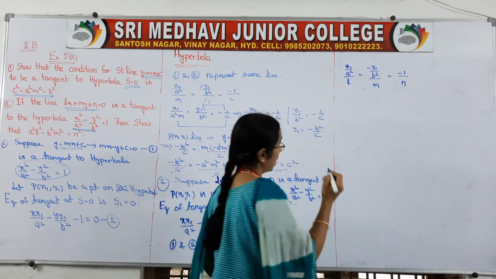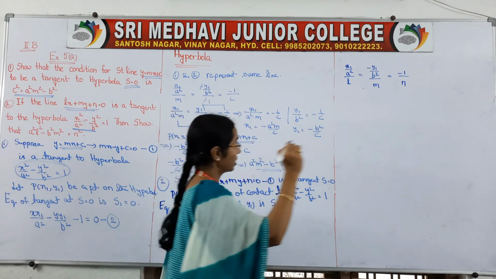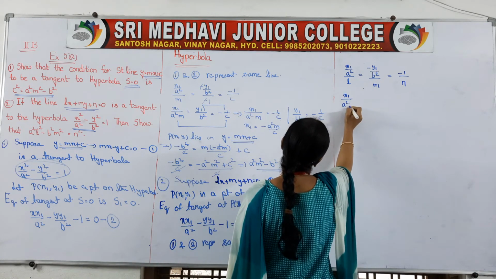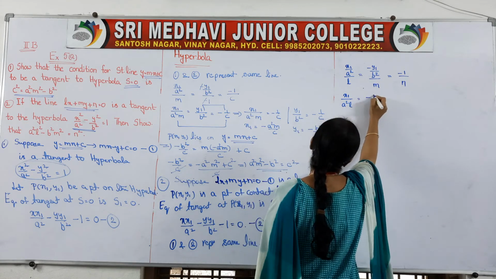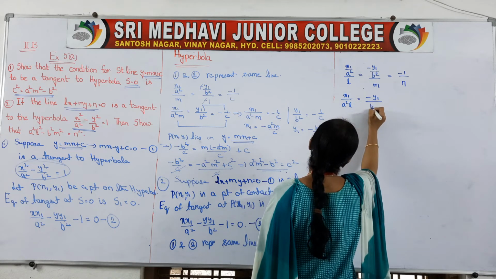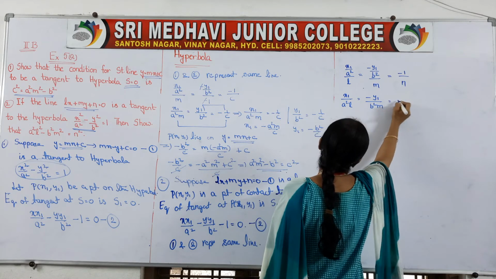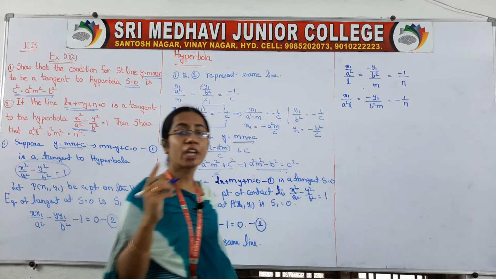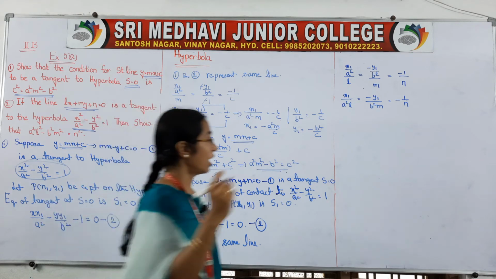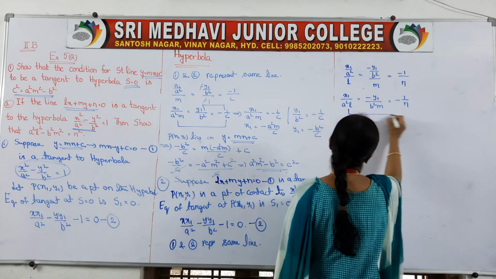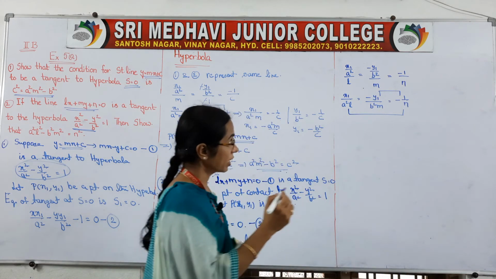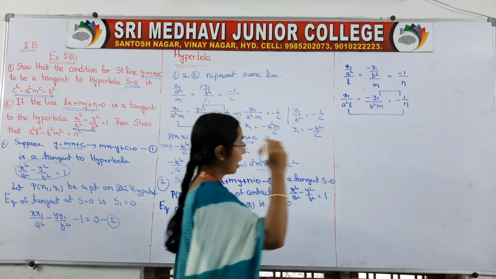Okay, so like that we have to equate. So then it will be x1 by a square L is equal to minus y1 by b square m is equal to minus 1 by n. So we have to get x1 and y1 value. So once you equate these, you will get your x1 y1 values.